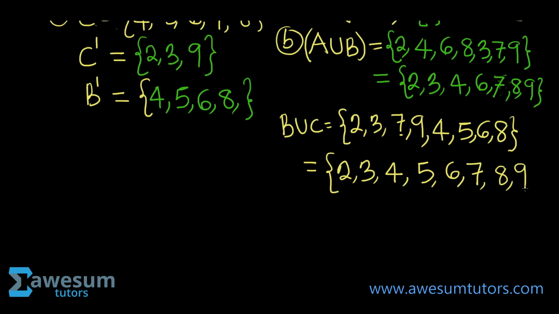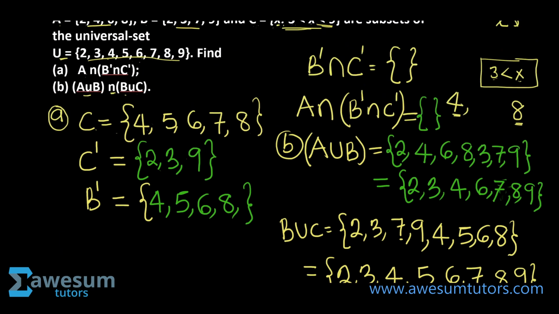If you take a look, you realize that we've been able to get 2, 3, 4, 5, 6, 7, 8, 9. But the question says that we should find A union B intersection B union C. Let's go back to the question for you to see.